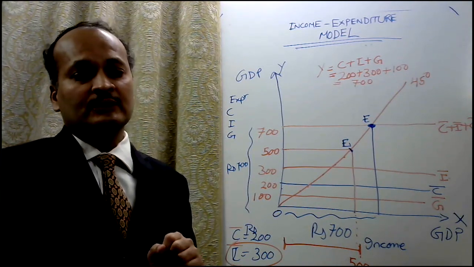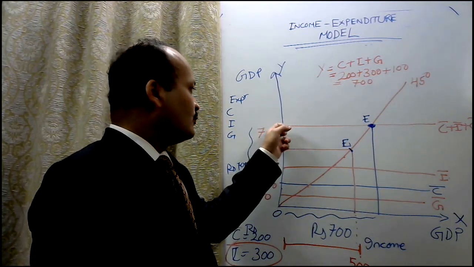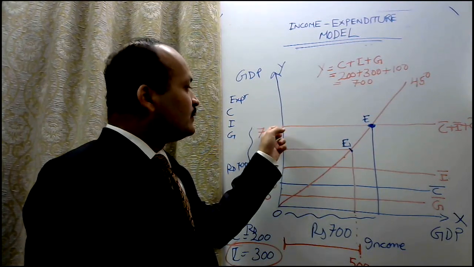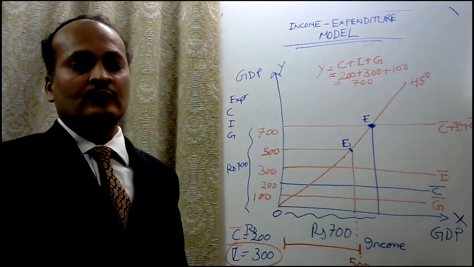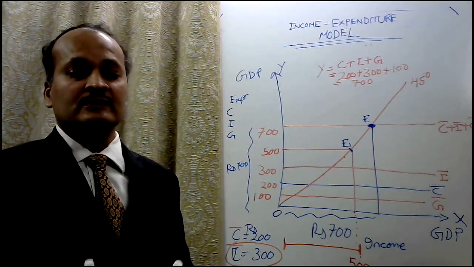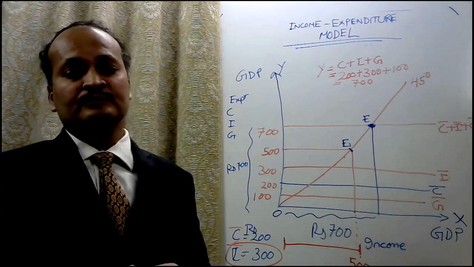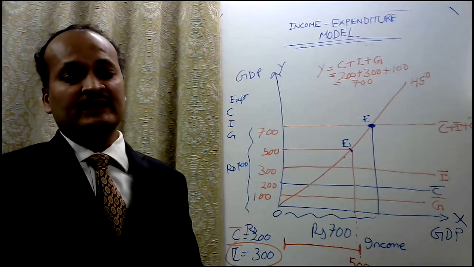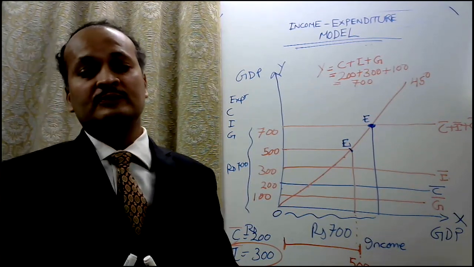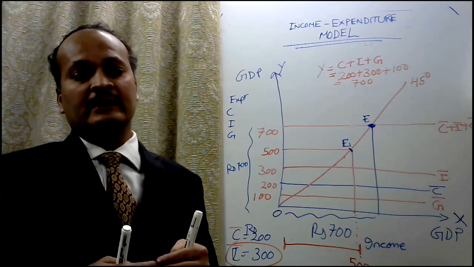But because people are willing to spend a lot more, 700 rupees worth of spending, there is more demand for goods and services. In this case, suppose for the refrigerators which you are manufacturing, you find that brisk orders are being placed with you, and you are not able to meet the orders in the manner you would like.